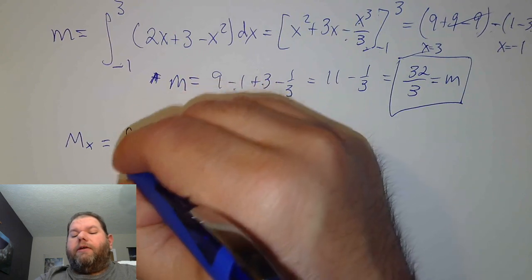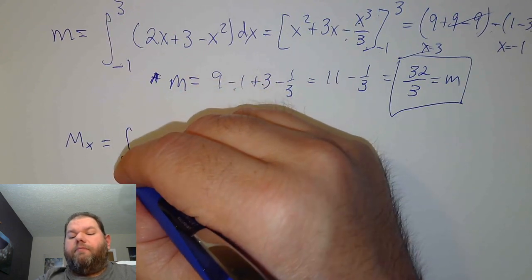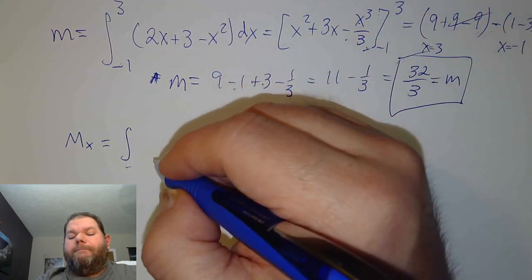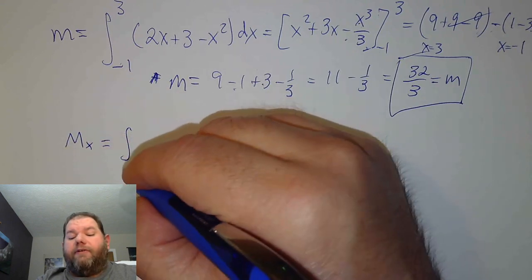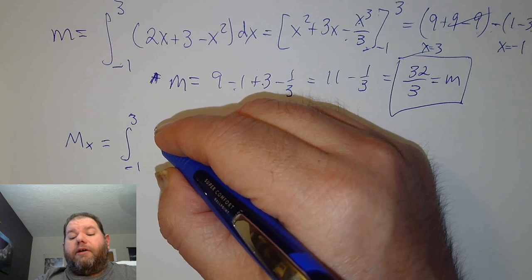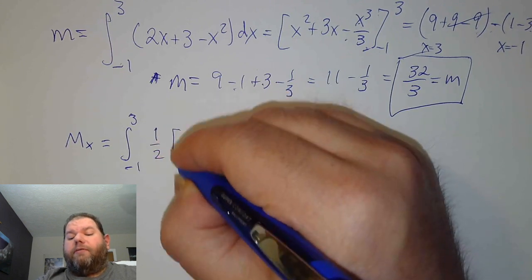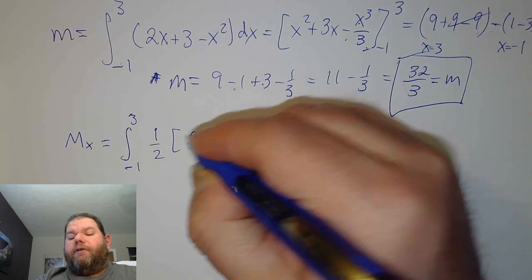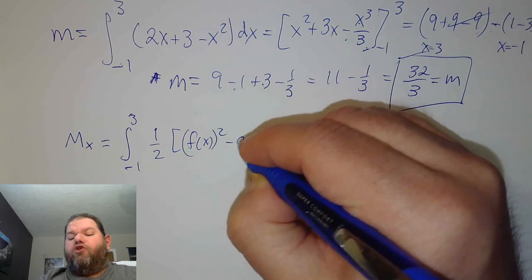Next we look at mx, which is the moment about the x-axis, so it's -1 to 3 again, and the formula I gave you is 1/2 times f of x squared minus g of x squared.